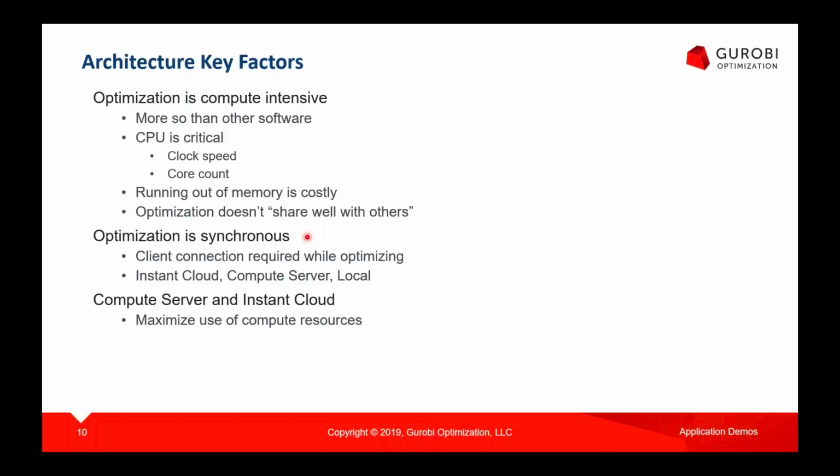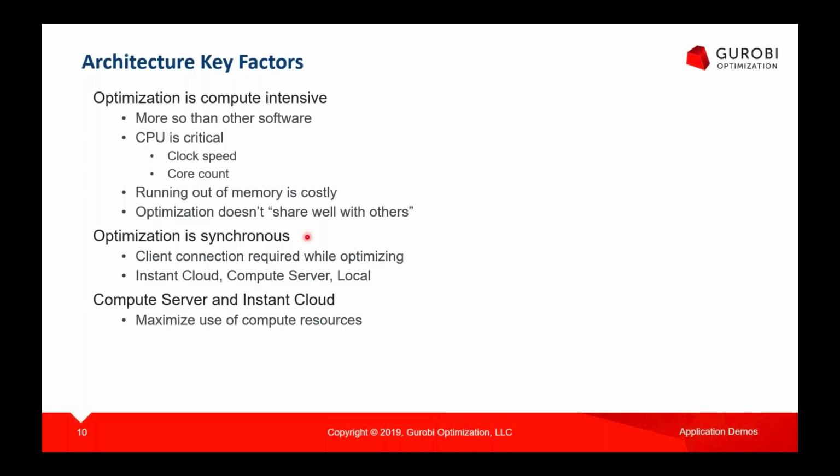Okay, now optimization is also synchronous. This is something that we don't think about as OR practitioners usually until we start deploying an application for others to use, and it becomes a problem. Gurobi will not return from an optimize call until it's done solving.